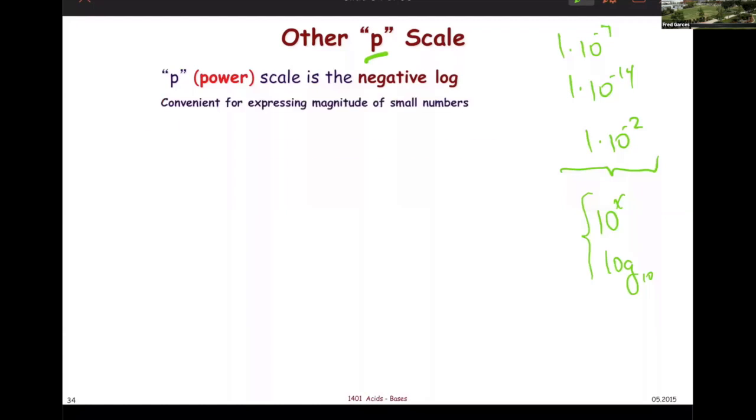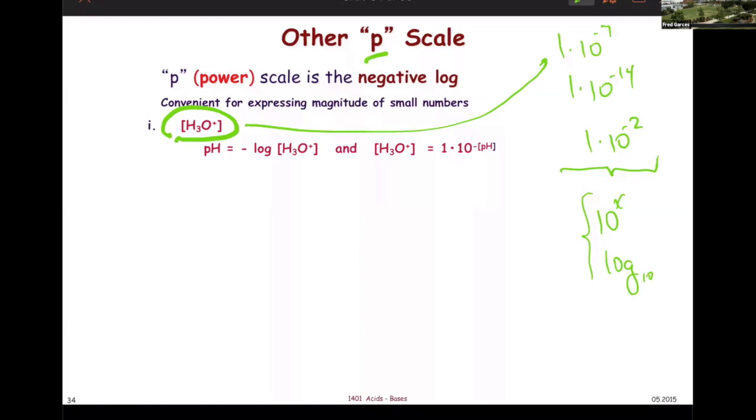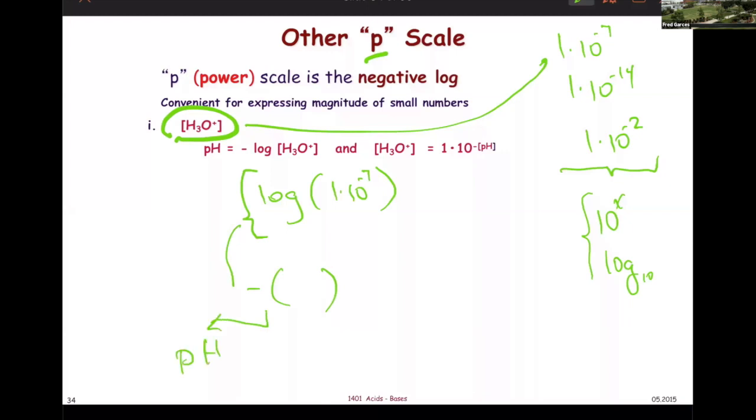P means power, and it's the negative log of an exponent. So what we can do is take a hydronium ion concentration, say 10 to the minus 7. And if we say log of 1 times 10 to the minus 7, and then take the negative of that answer, what we get is the pH of that hydronium concentration.